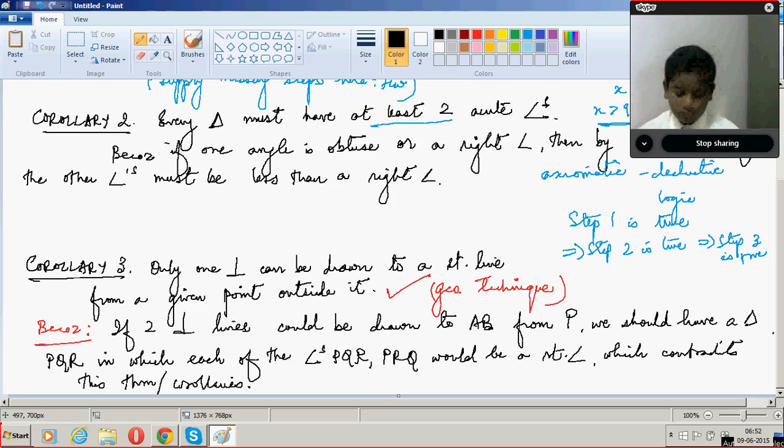Okay, so the diagram for this would be something like this. I am drawing it in dark brown in the middle of the board.